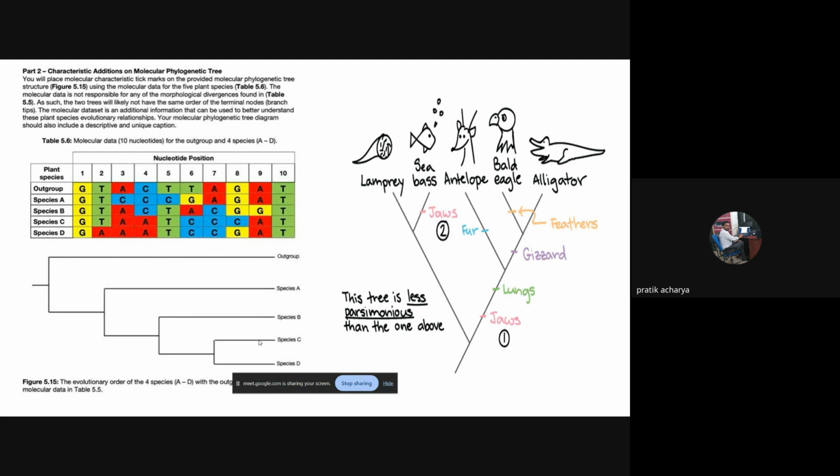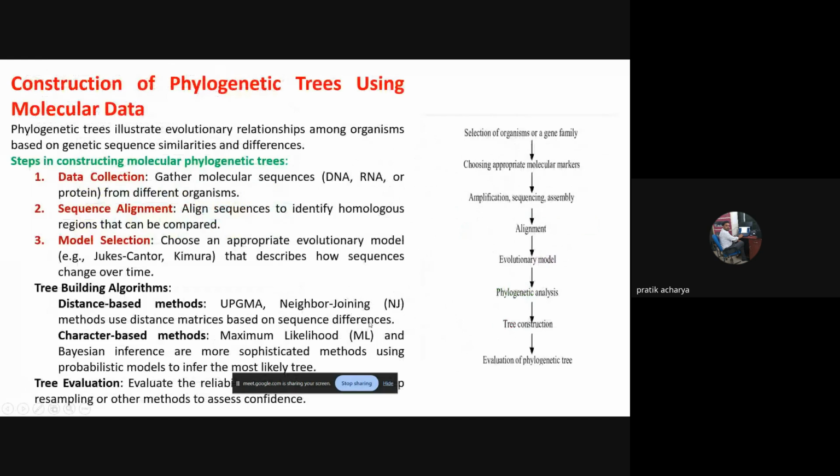Then, tree building algorithms depend on what? Distance-based methods, neighbor joining, and optima methods are used. These are certain software methods, helpful for tree building.